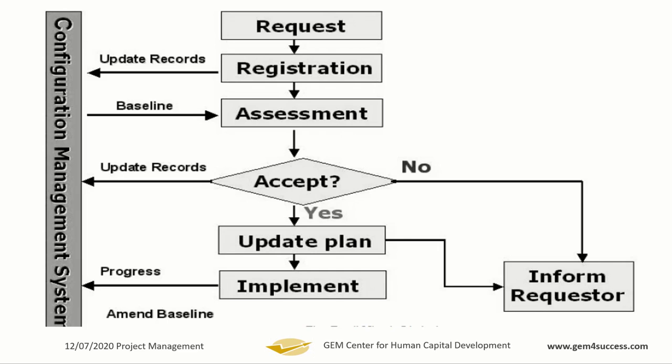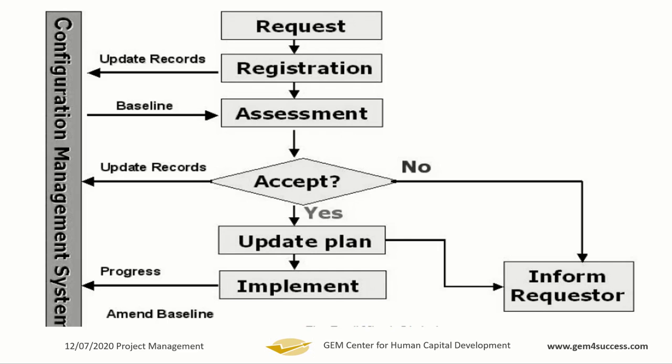Is it accepted? If it's not accepted, update the person who requested the change that, sorry, your change has not been accepted. Maybe you want to modify a design or you want to change a specification. If it is rejected, update the person that has been rejected. If it is accepted, go ahead, update the plan.